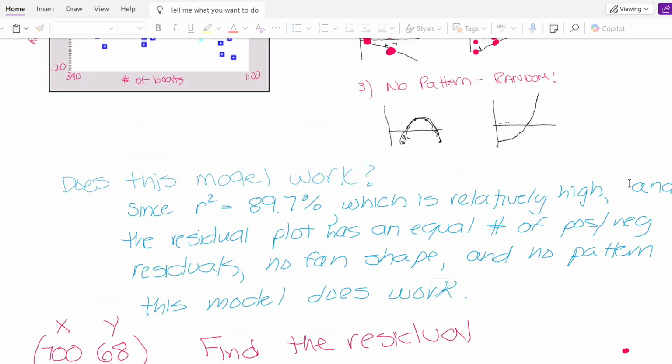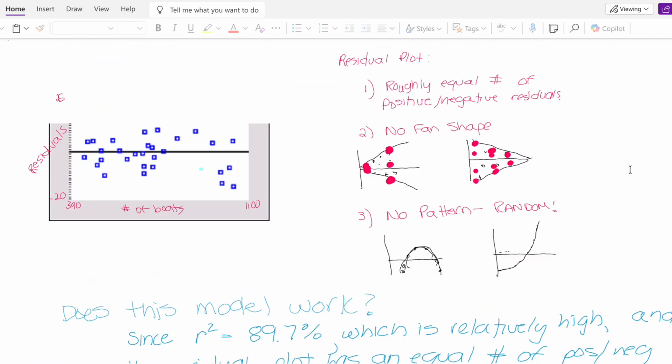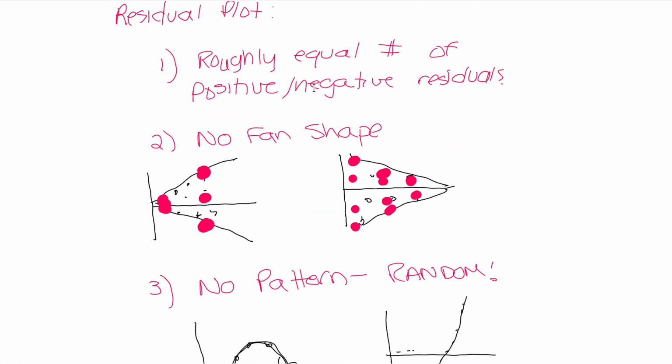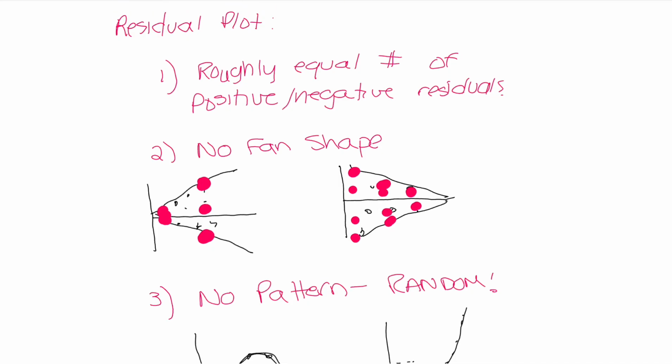So here is something I want to show you, the residual plot. Here are some check marks. You will have to make sure your residual plot matches each of them before you go on to further steps. First of all, the residual plot has to have roughly equal numbers of positive and negative residuals.